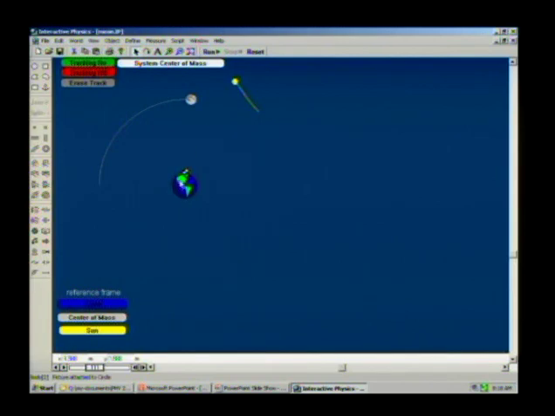Now, how about the motion of the Earth? Does this one make sense? Does the motion of Earth satisfy Newton's second law? Well, let's draw a free body diagram for the Earth. What forces are exerted on the Earth? Is the net force zero?